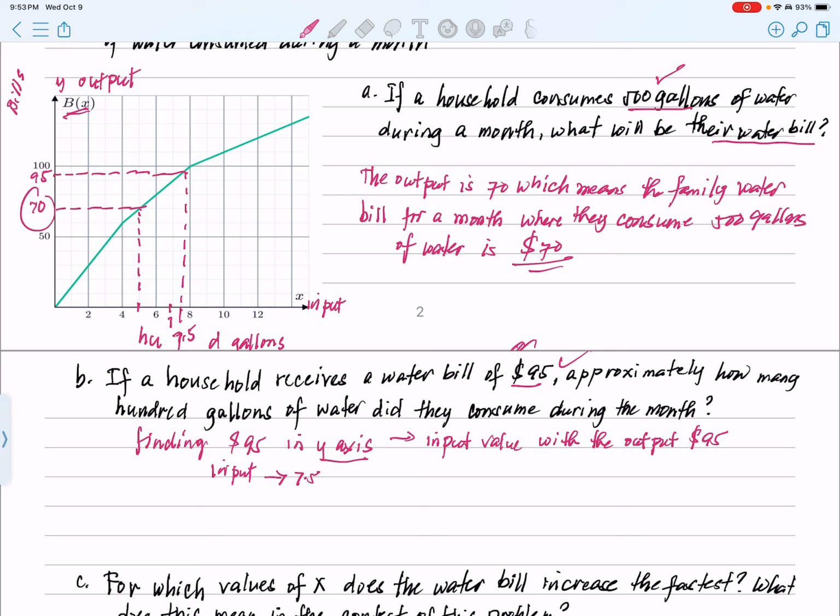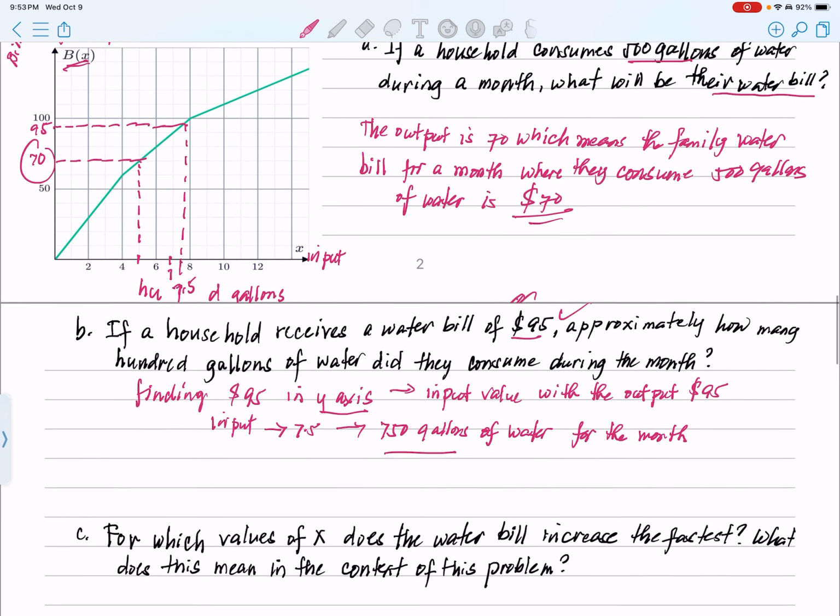So we have 750 gallons of water for the month that the family is consuming. They consume 750 gallons. All right, we are just looking at the x-intercept and the y-intercept. Actually, that's what we are doing in this problem.